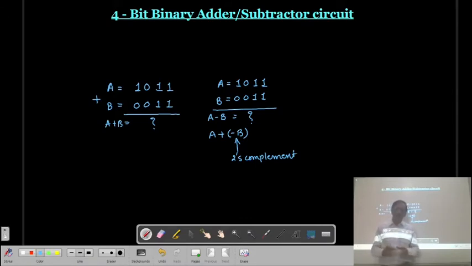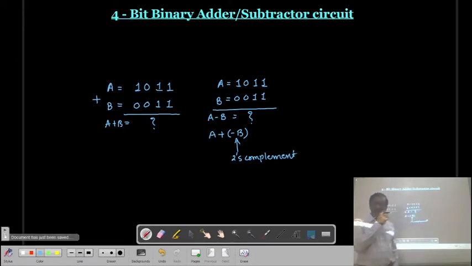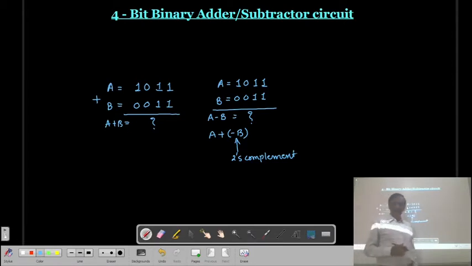In a microprocessor also, the ALU, which means arithmetic logic unit, has no separate circuits for addition and subtraction. Whenever subtraction has to take place, the processor will generate a 2's complement number and then take the addition.